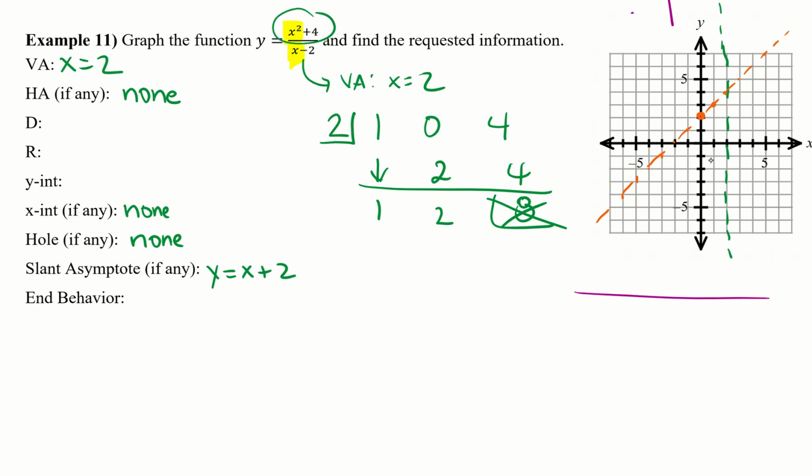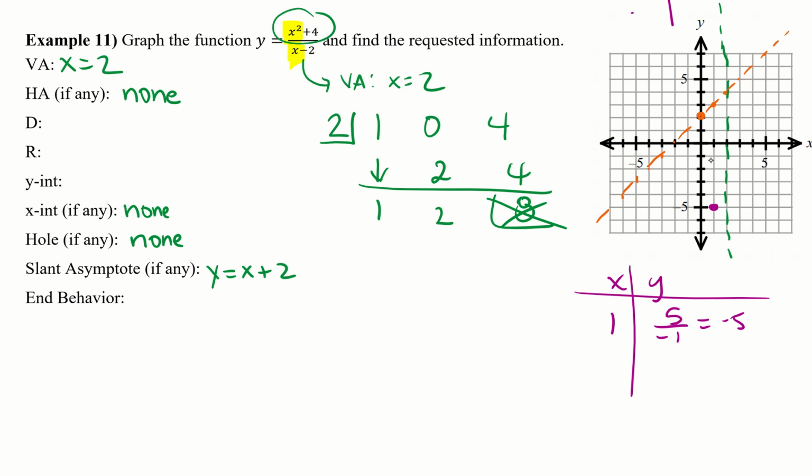So let's pick a couple points on either side of my vertical asymptote. Maybe I'll use 1. Since this doesn't factor, I will just use the original and plug that in. I would end up with a 5 on the top, -1 on the bottom. So at 1, -5. So I'm in this region down here bound by these.